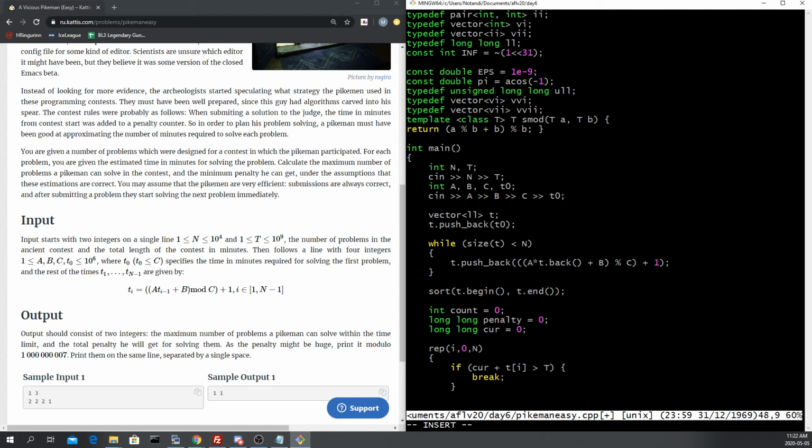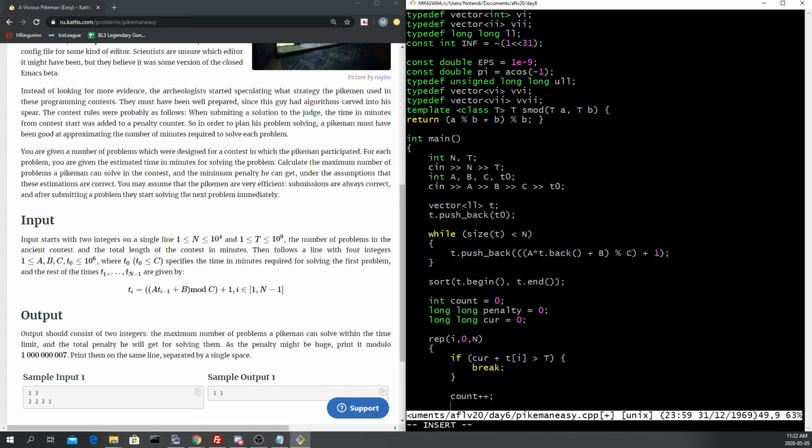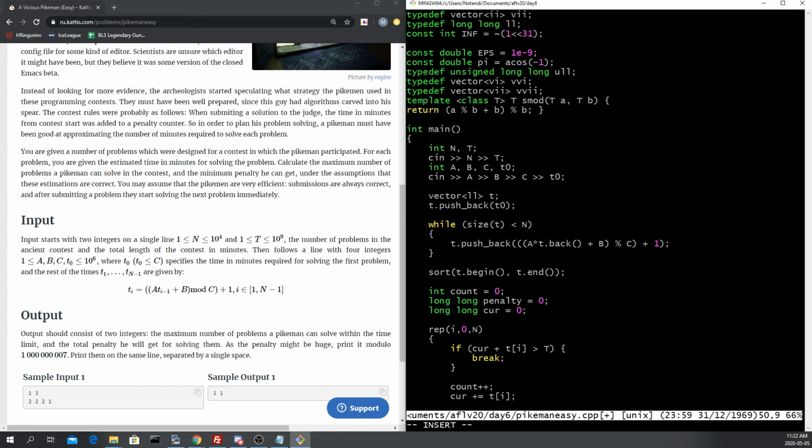Otherwise, we did solve this problem, so we can increase the count by 1. We also have to increase the time by the time it takes to solve the problem, and then after having solved the problem, a penalty gets added.